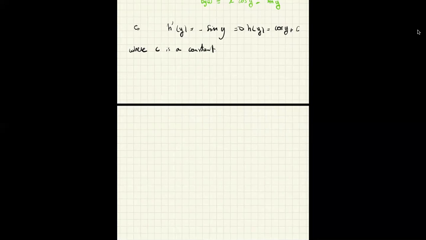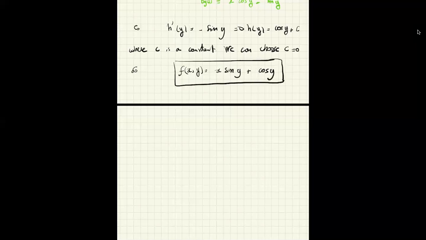You can keep it c, it's not a problem. We can choose c equal to 0. So f(x, y) is equal to x sine y plus cos of y.